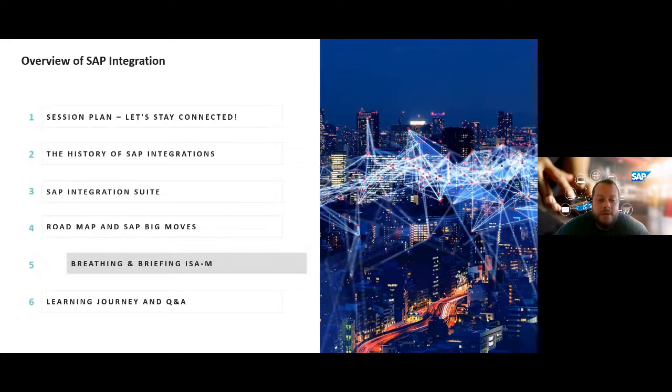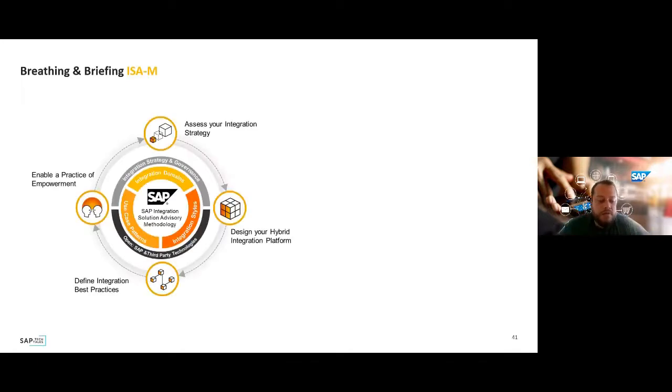In the end, one of my last topics is the ISAM. Now that we look at the significant number of technologies that SAP is delivering, how do we assess and select the correct technology for each pattern?